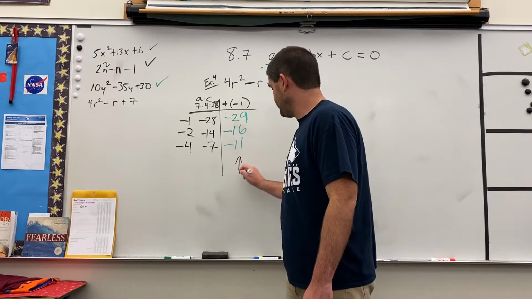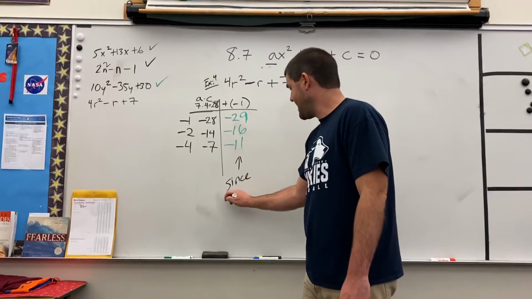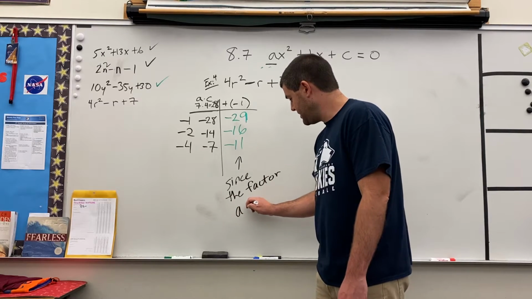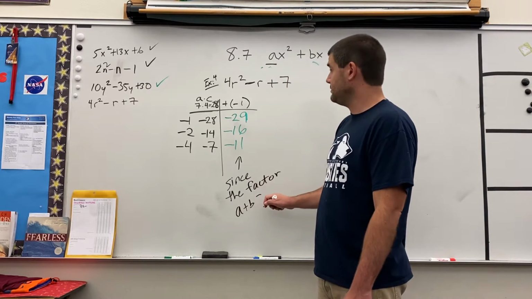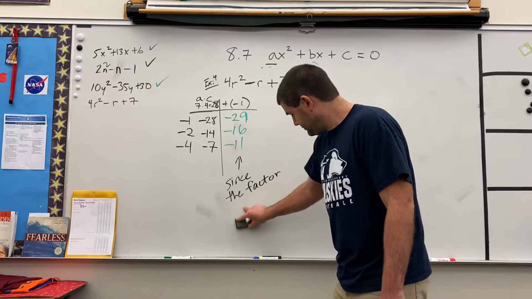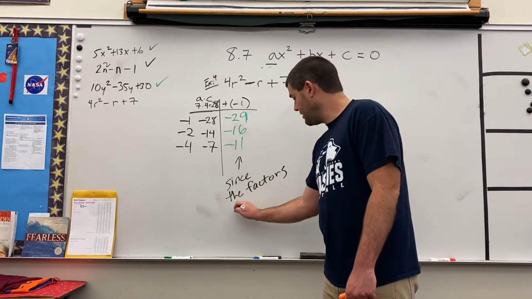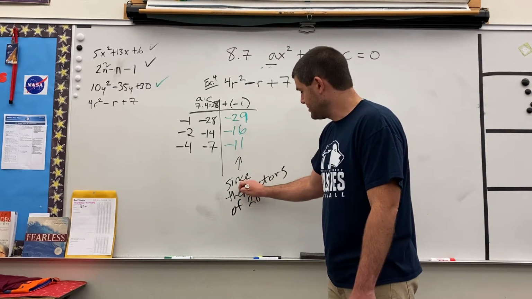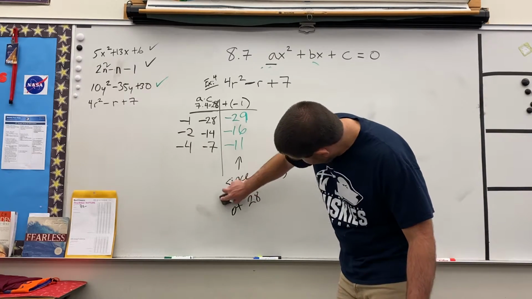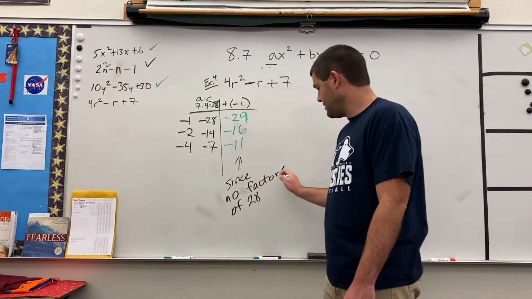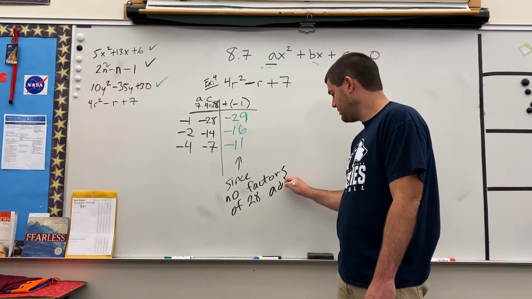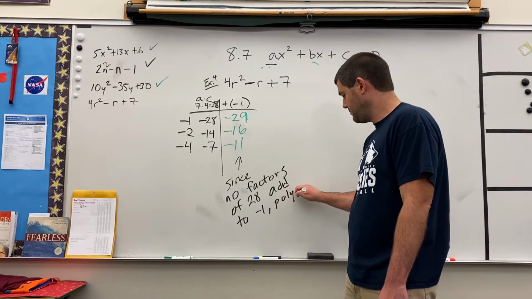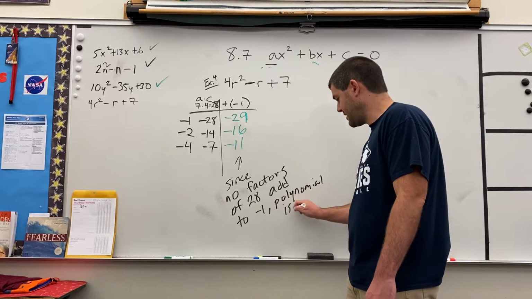Okay, since the factors A and B, A plus B, the factors of 28, since no factors of 28 add to -1, the polynomial is prime.